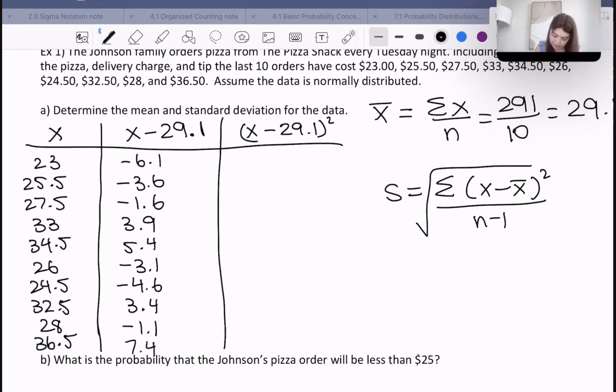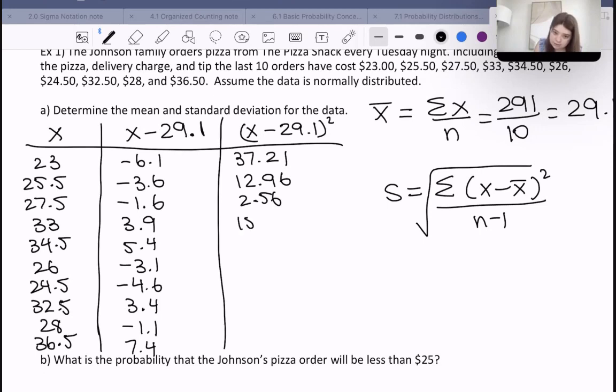There we go. And now we're going to take all these values and we're going to square them. This part you may want a calculator for, because most of these probably you don't know off the top of your head. If you do, fantastic, but that's fine if you don't as well. So let's see. I'm going to grab a calculator here. Negative 6.1 squared is 37.21. Negative 3.6 squared is 12.96. 1.6 squared, that's 2.56, and so on.